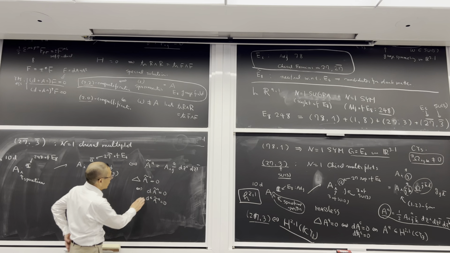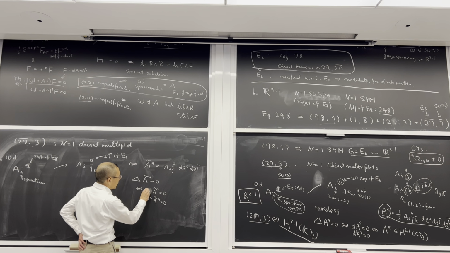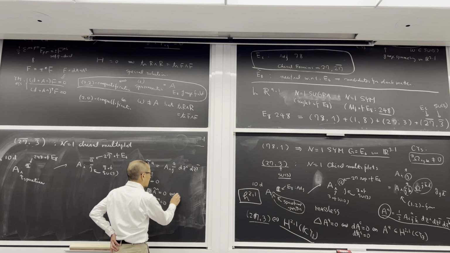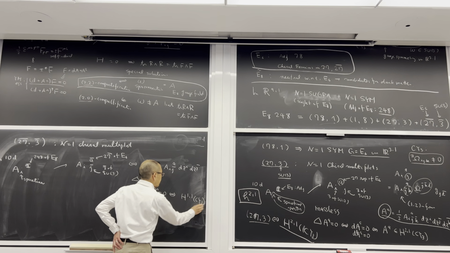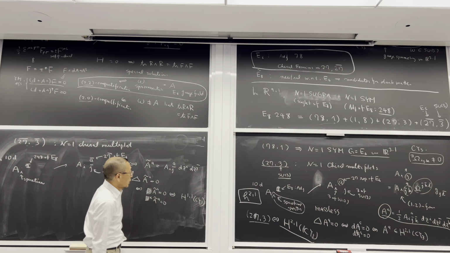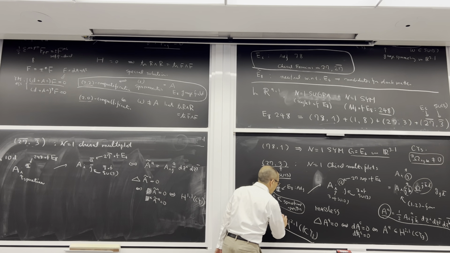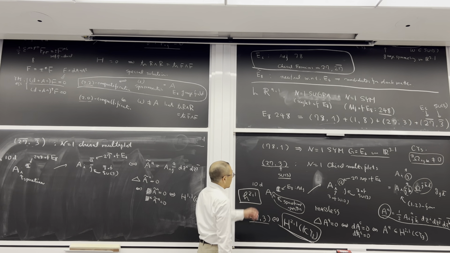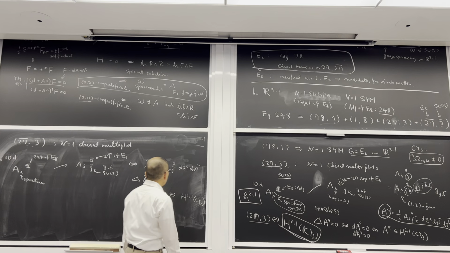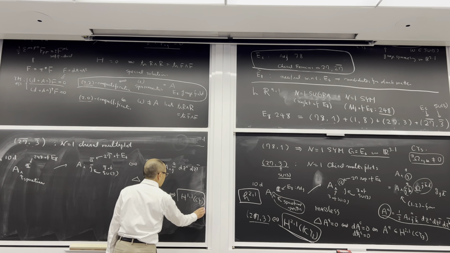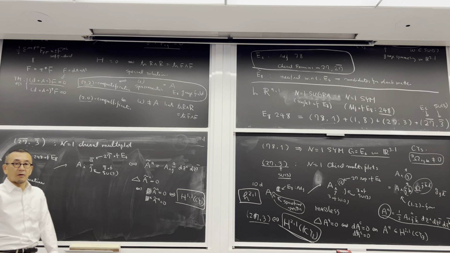To be precise, this should be properly covariantized because these are gauge fields. But anyway, this corresponds to an element of H^{1,1} of the Calabi-Yau. So you see that the number of multiplets in the 27 representation is given by this Hodge number, and the number in the 27-bar representation is given by the other Hodge number.